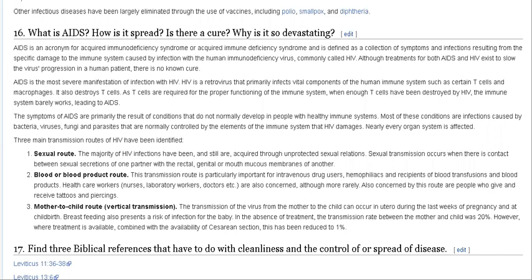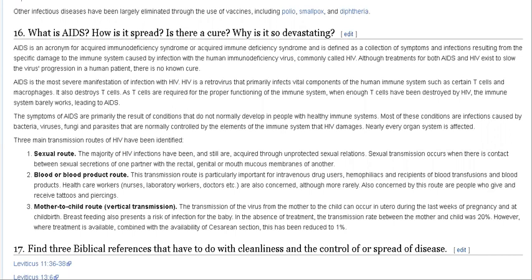HIV is a retrovirus that primarily infects vital components in the human immune system, such as certain T cells and macrophages. It also destroys T cells, as T cells are required for the proper functioning of the immune system. When enough T cells have been destroyed by HIV, the immune system barely works, leading to AIDS.